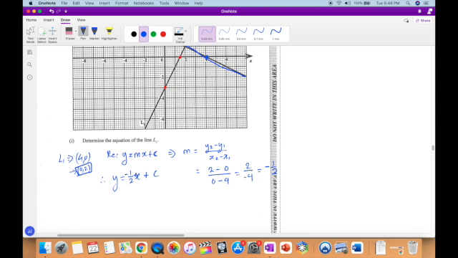If x is 0, c is going to end up being y, which is 2. So you could take that from the graph, or you could use one of your points to work it out, no problem. Therefore, L1 implies y is equal to -1/2 x plus 2.